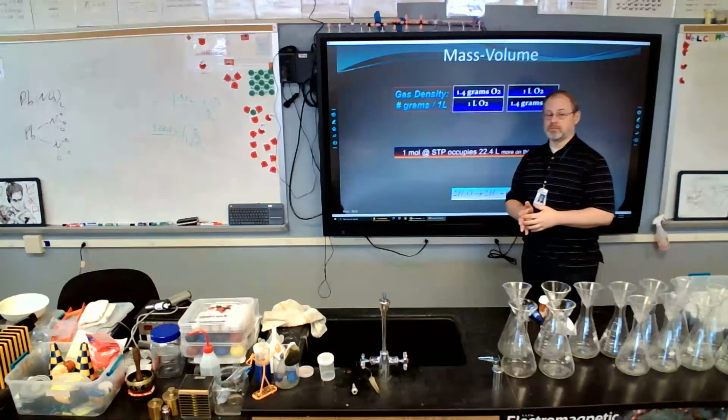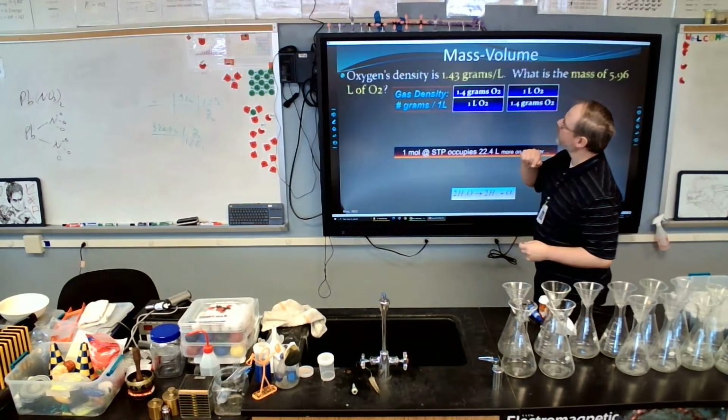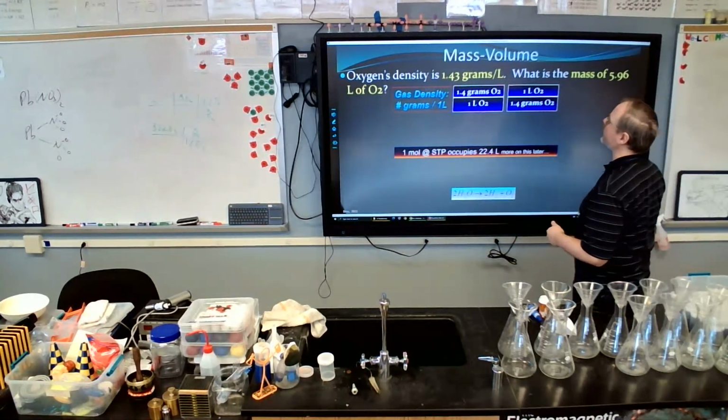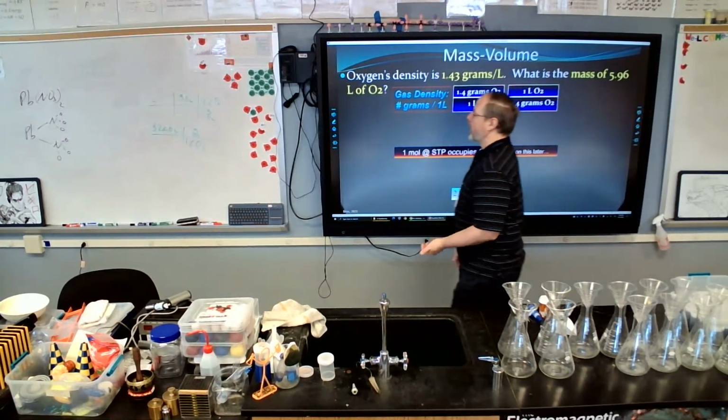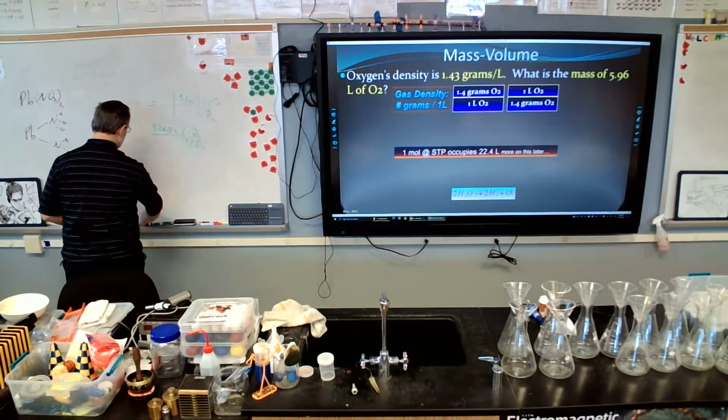Oxygen density is 1.43 grams per liter. What is the mass of 5.96 liters of O2? As a good practice, this is just a tiny little one-step T-chart.